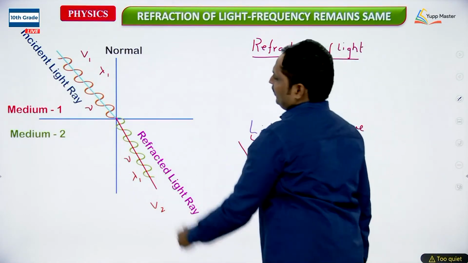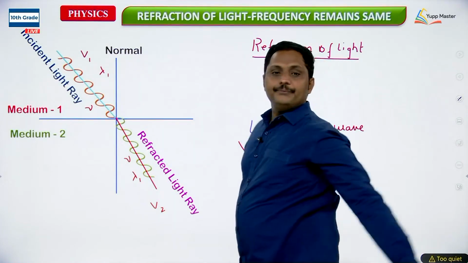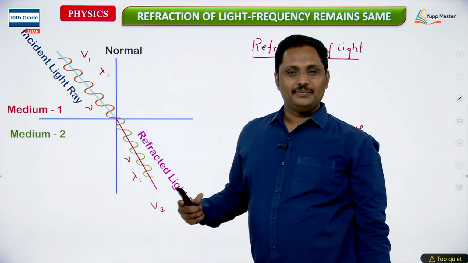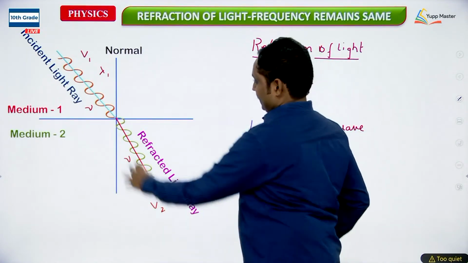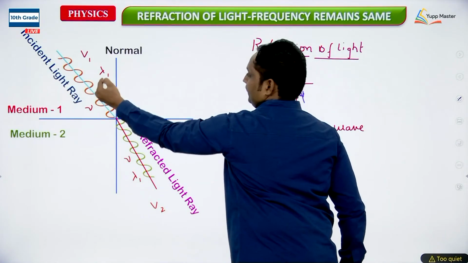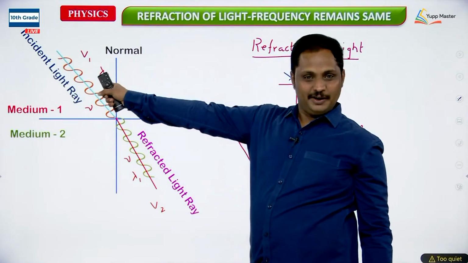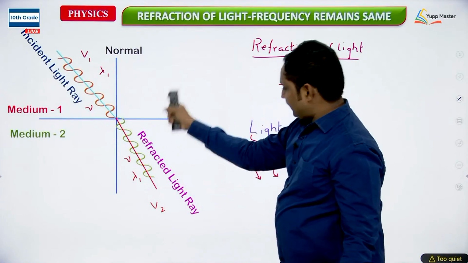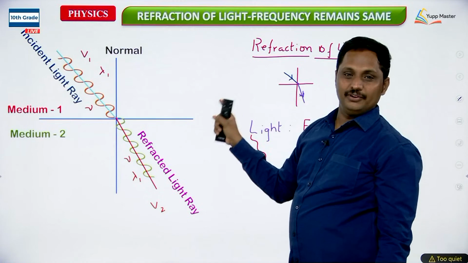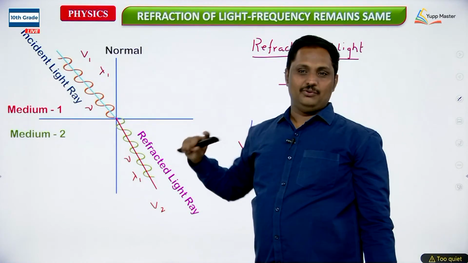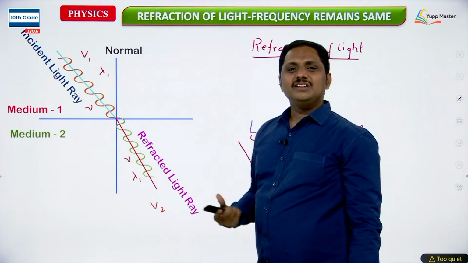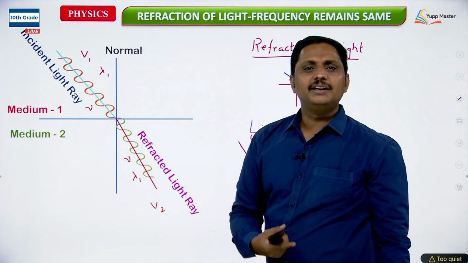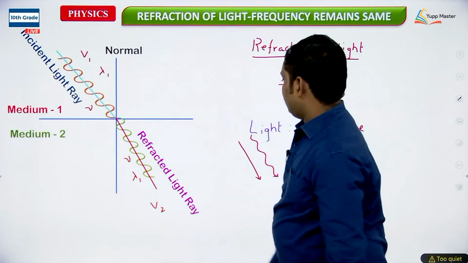The number of oscillations made by that light wave per 1 second remains the same. Number of oscillations made in the first medium and in the second medium are equal, all right. But what is the change? There exists a change in the speed and a change in the wavelength, you know very well about that.